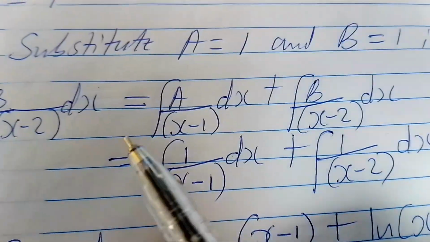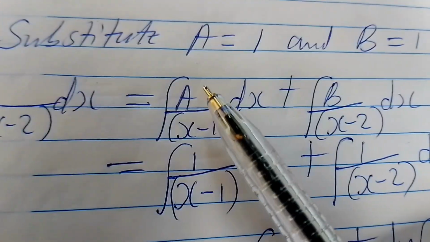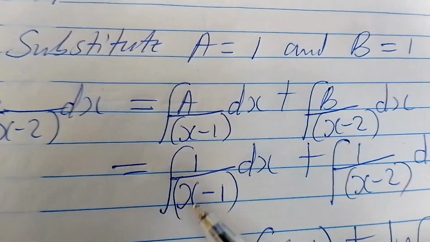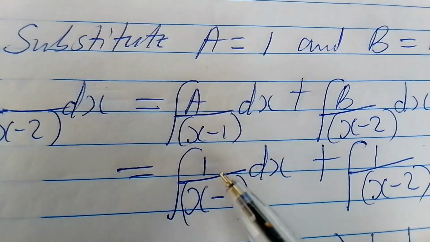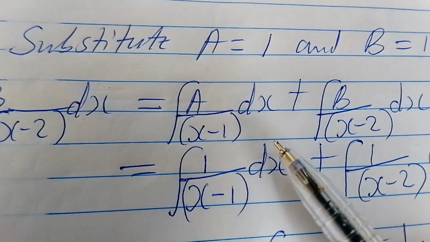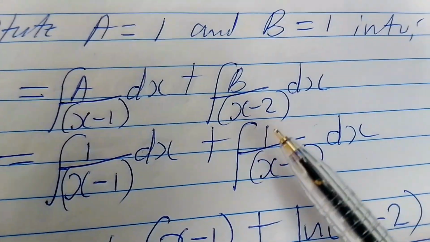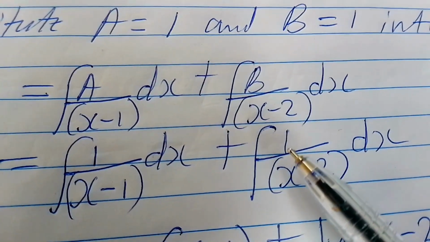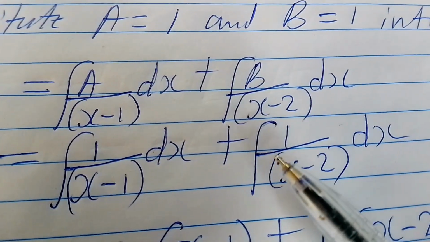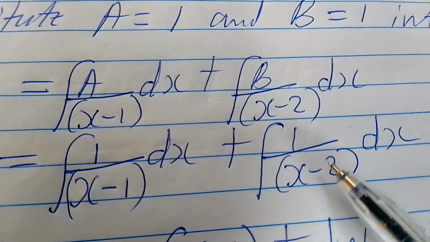Since we have the value of a as 1, we substitute it in place of a, giving the integral of 1 all over x minus 1 dx, plus, with the value of b as 1, the integral of 1 all over x minus 2 dx.